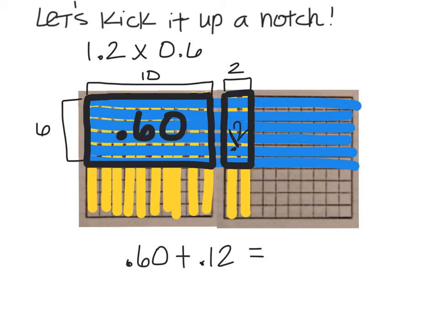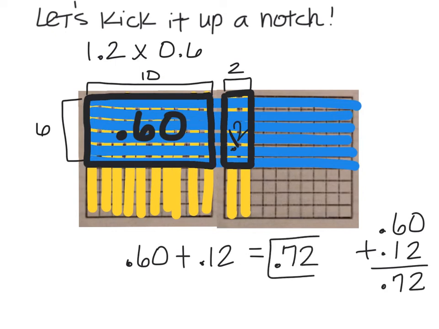And so if I line them up vertically like this to add them together, if I can't do that in my head, I'm going to drop my decimal straight down. I'm going to add just like normal. So I would get 72 hundredths. So your answer here would be 72 hundredths. So that's how that problem would look on a decimal grid. Sometimes you might need 2 or 3 decimal grids. It just depends on how big the factors are.